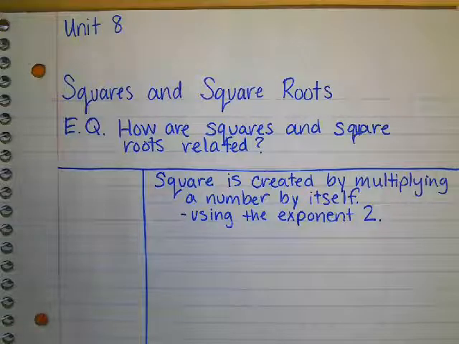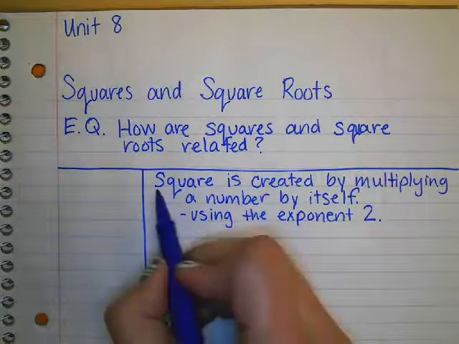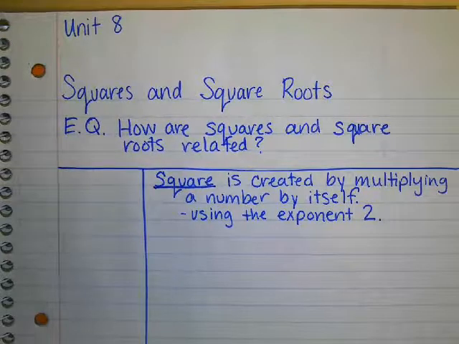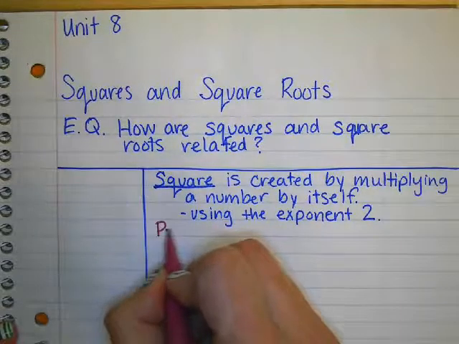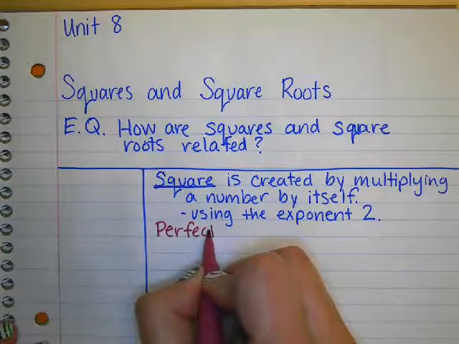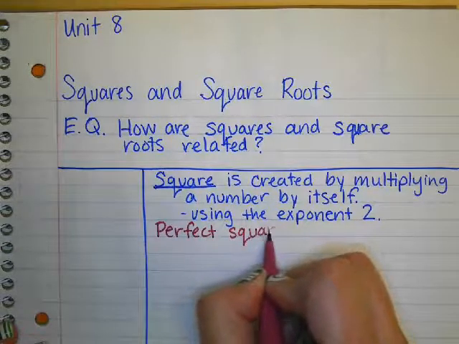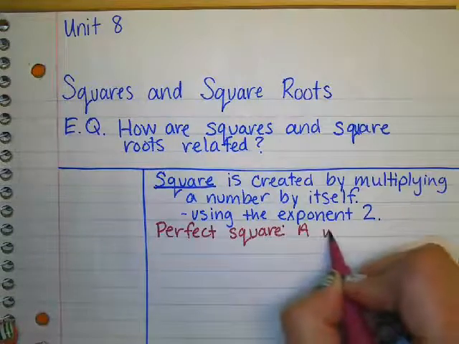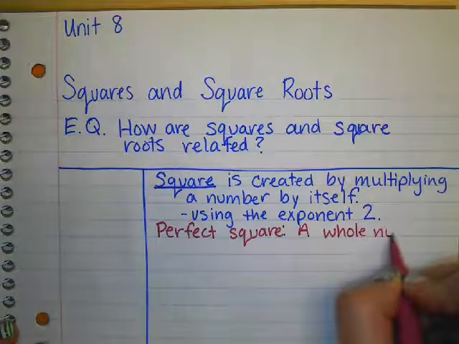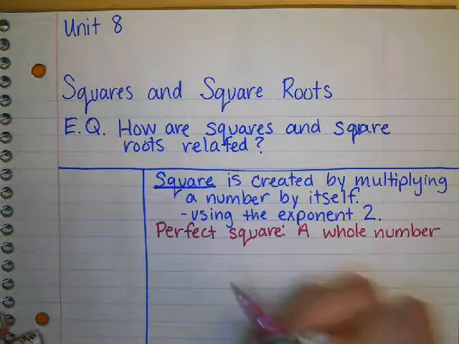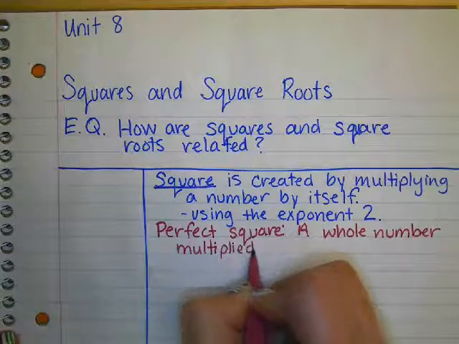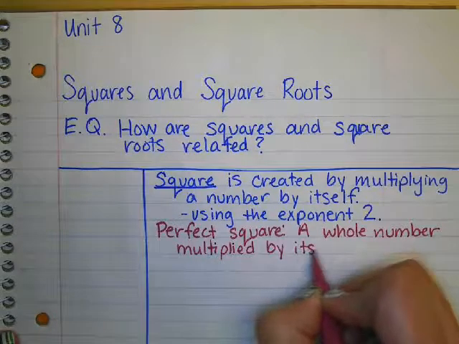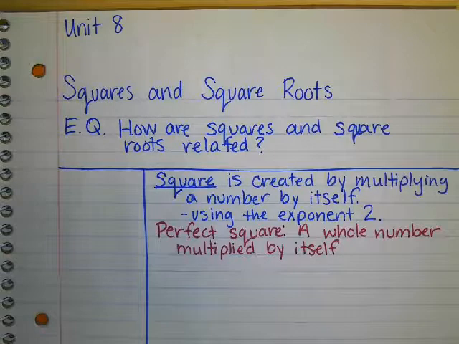Now, a perfect square, you guys have been using flashcards to practice perfect squares. Perfect squares are a whole number multiplied by itself, and the result is going to be another whole number.